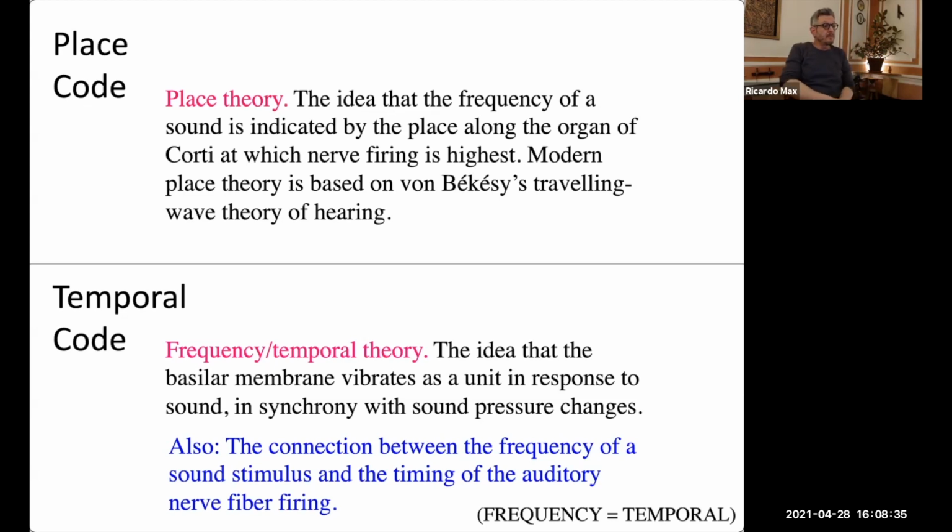So the place theory is the idea that we perceive pitch according to where the neuronal activity comes from along the basilar membrane, and the temporal code proposes that it's according to the frequency. Both are right.